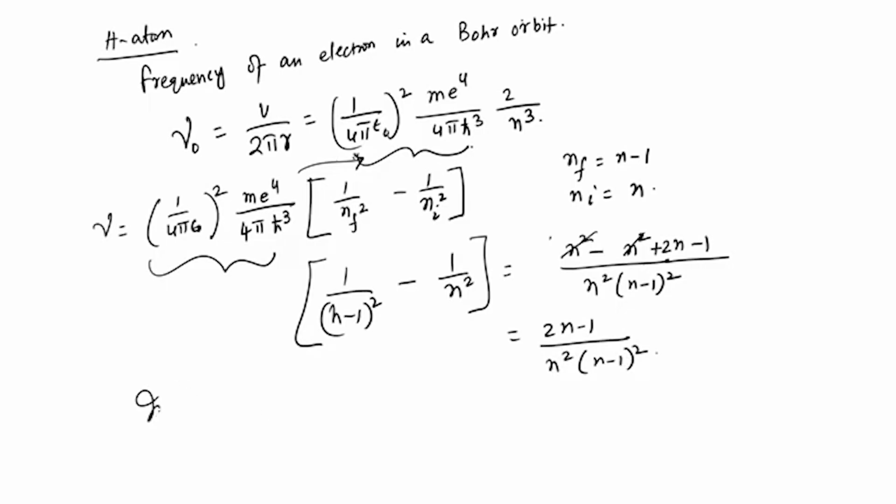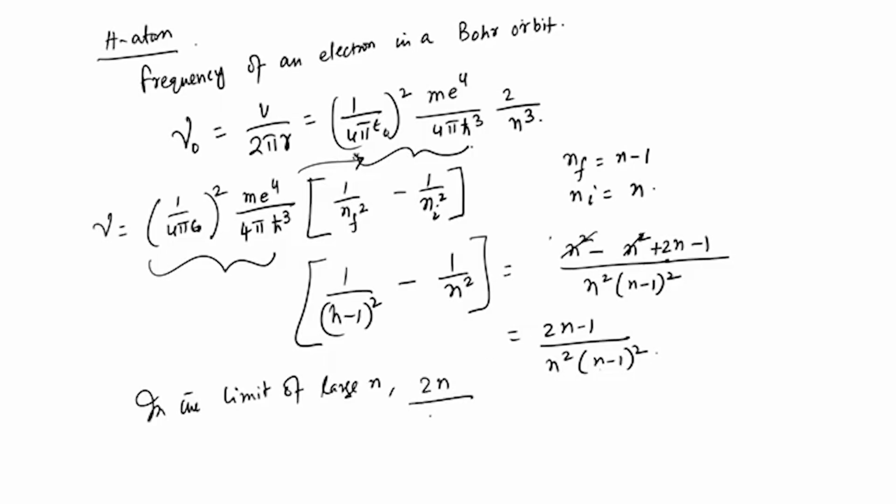Okay. So, in the limit of large n, 1 can be neglected in front of 2n when n is large, and again 1 can be neglected in front of n. So, in the denominator we have n to the power 4 and we have 2n in the numerator.